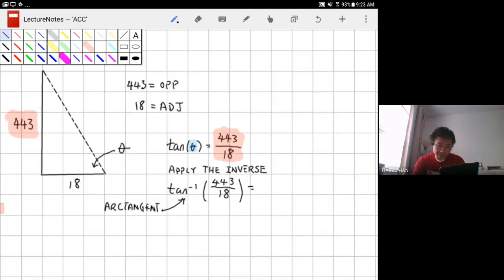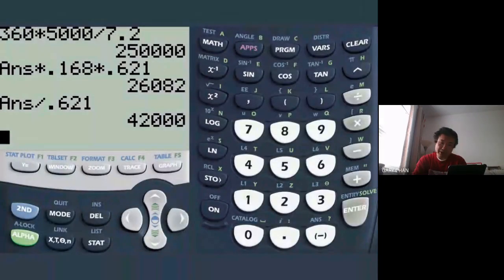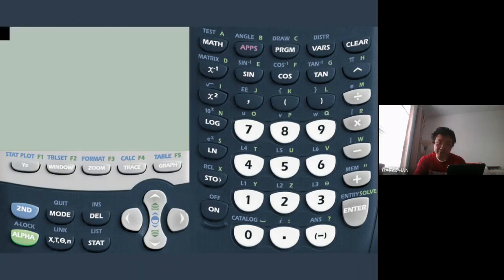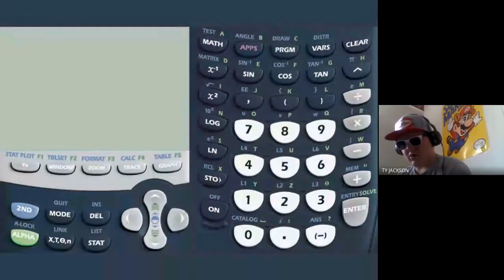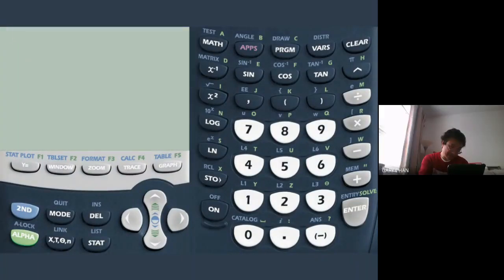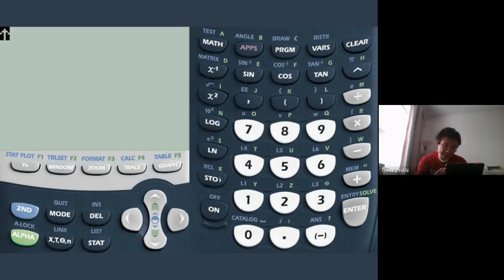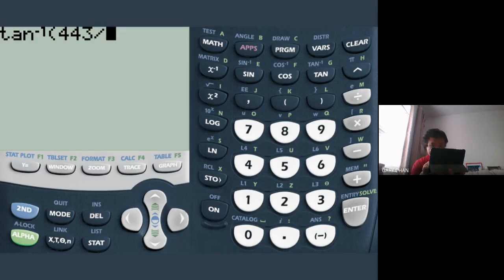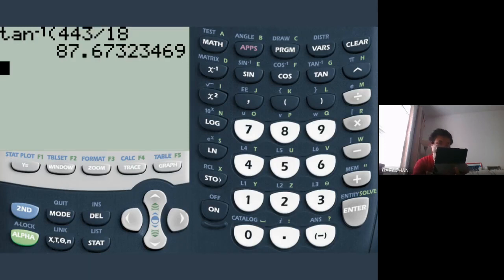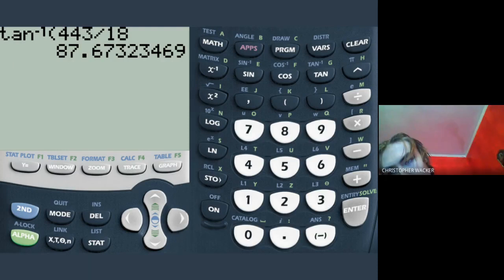So how do I retrieve the arctan function from the calculator? Does anyone remember from last week? You go to second or shift. Yep, you press second and then tan, which calls up that inverse function. So you type in arctan 443 divided by 18 and press enter. You should get 87.673.